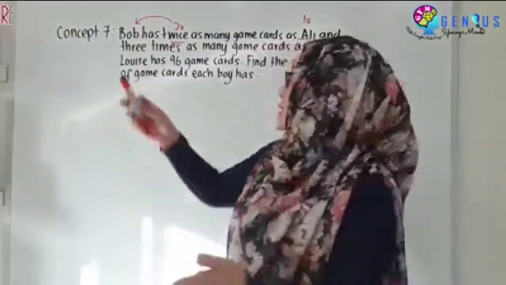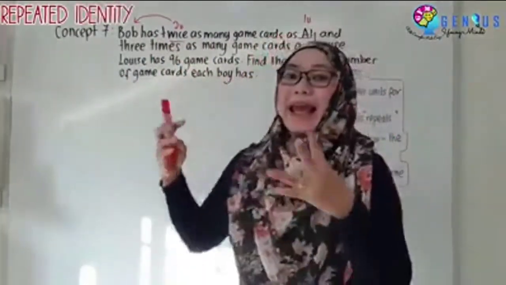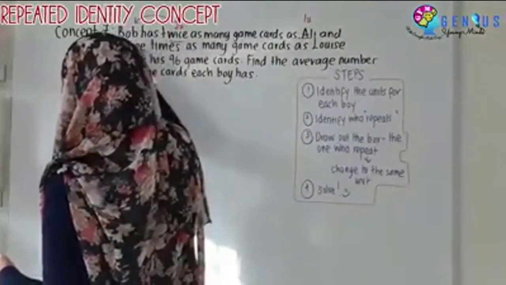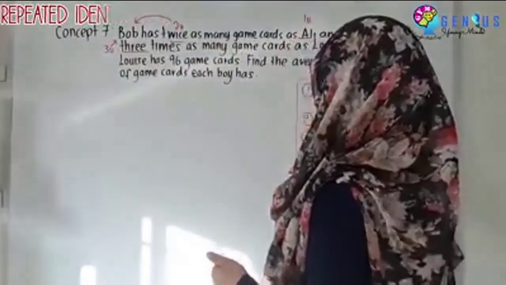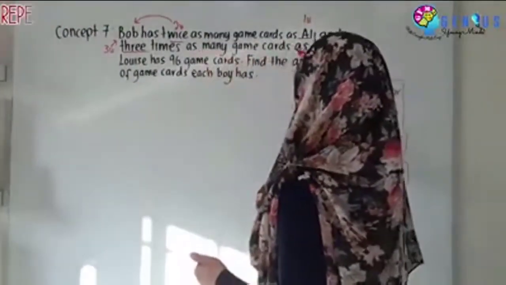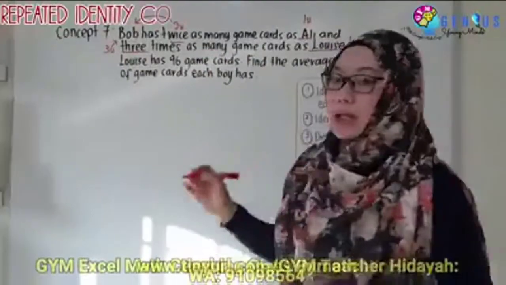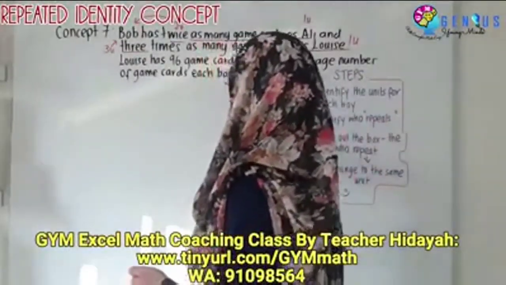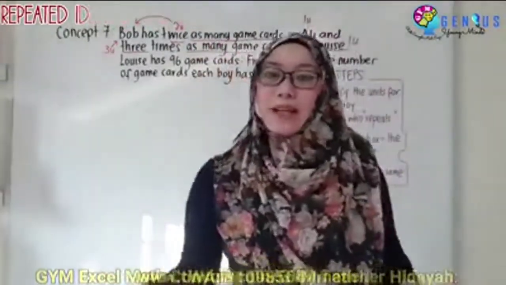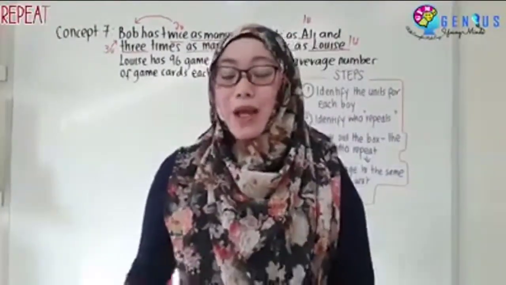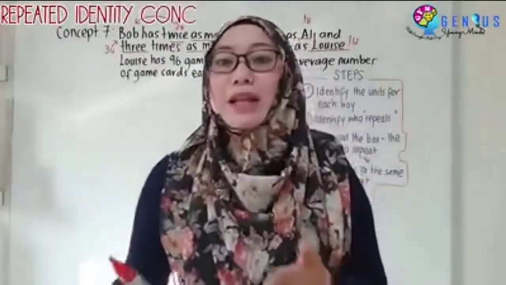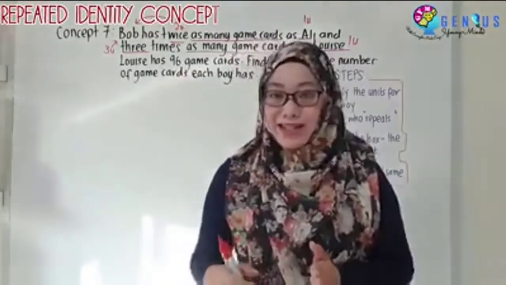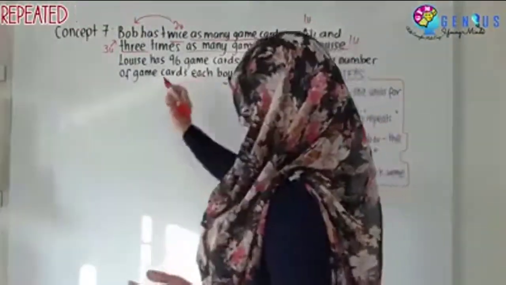Bob has this much as Ali and 3 times, so 3 times is 3 units. So this is Bob again. As many cards as Louis, again the magic phrase, so Louis is 1 unit. You can see the magic phrase coming out twice. Whenever you see the phrase "as many as", the person after the "as many as" always has 1 unit.